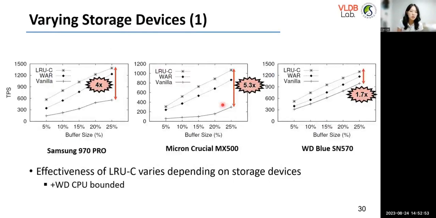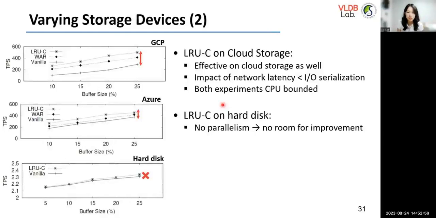Lastly, we also did experiments on 3 other commercial SSDs, and also cloud storage and hard disk as well, and checked that LRUC works on any SSDs, including GCP and Azure. However, when using a hard disk, LRUC is not effective since there is no room for improvement on a hard disk with no parallelism.